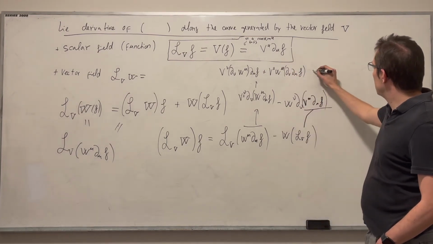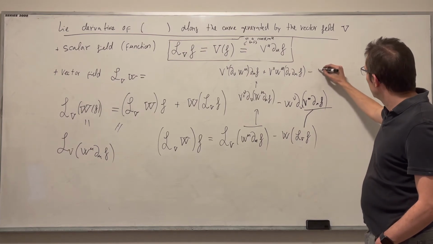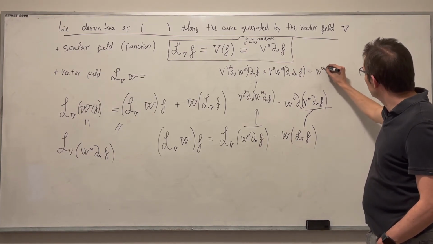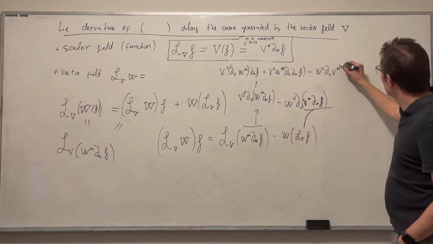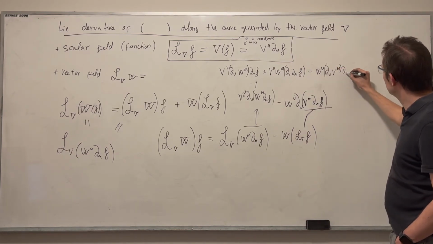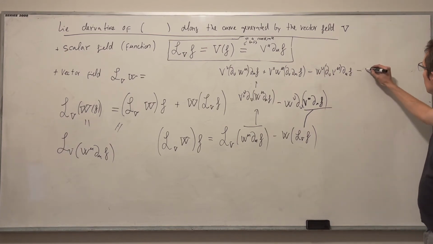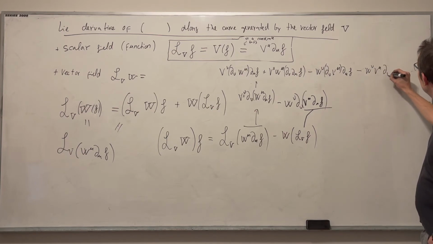And this one we'll have with minus signs, we'll have w^ν (∂_ν v^μ) ∂_μ f, then minus the other one, which is w^ν v^μ ∂_ν ∂_μ f.